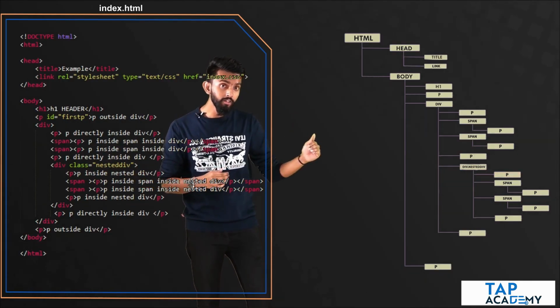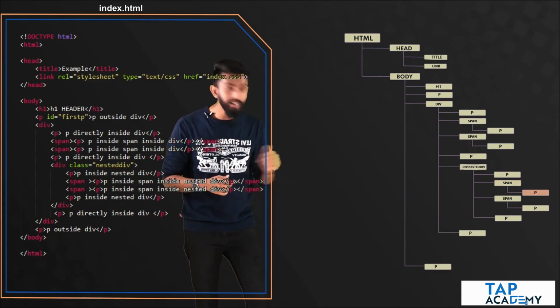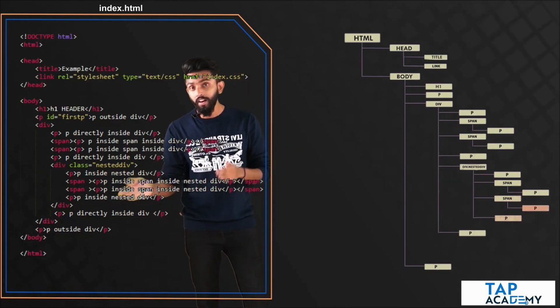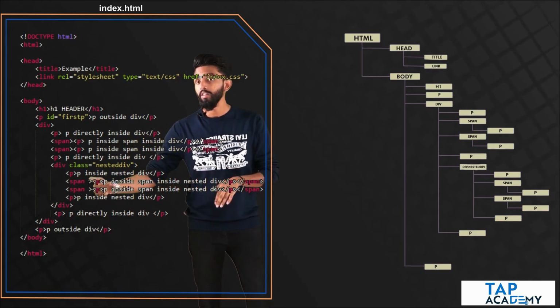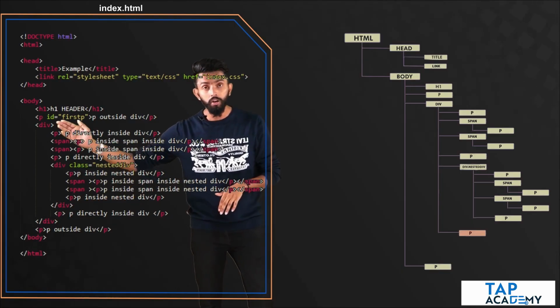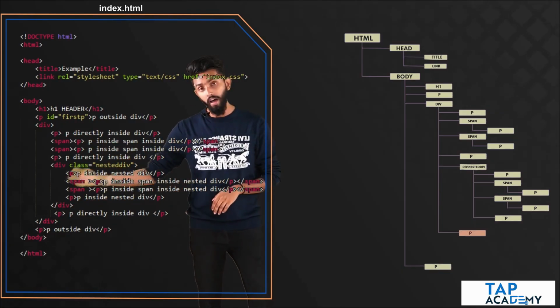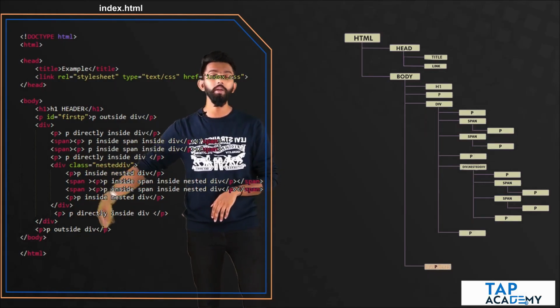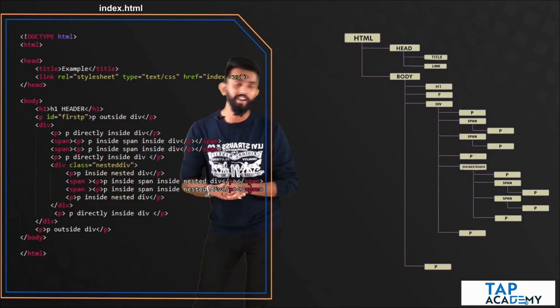Now inside that division, inside span another p, again inside span another p, then a p inside the division. Then I come outside the inner division, and inside the outer division there is another p. And then inside the body, outside the division, there is another p. Now this is the structure, right?